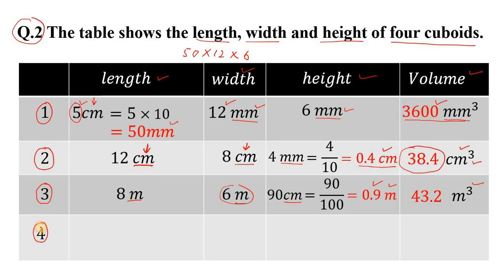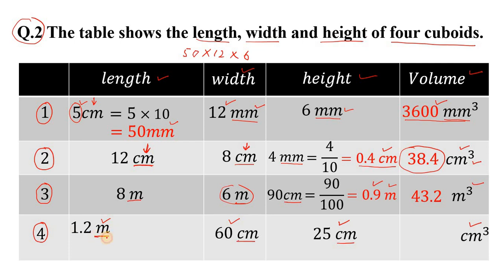Question number 4. Length is 1.2 meter, width is 60 centimeter and height is 25 centimeter. But the required volume is in centimeter cube. Width is in centimeter and height is in centimeter, but length is in meter.